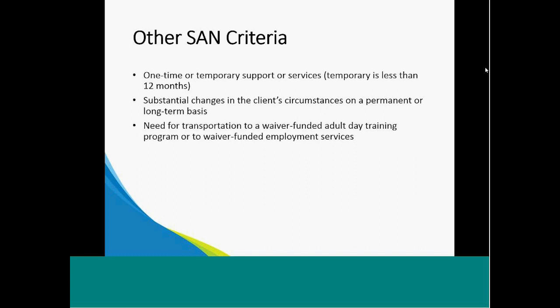A few years ago, those of you that were here, transportation wasn't identified as a significant need for people, and other arrangements were made. A lot of times the group home operators stepped up to provide transportation or other natural support. So just because it's now added as something that you can look at for SAN criteria doesn't mean it's automatic approval. Again, you're going to have to prove why there's no other natural support in place to provide the service.